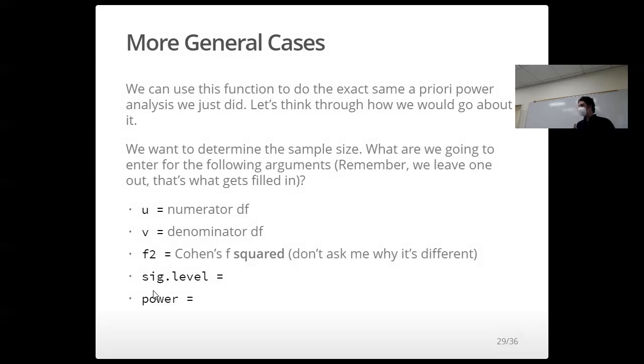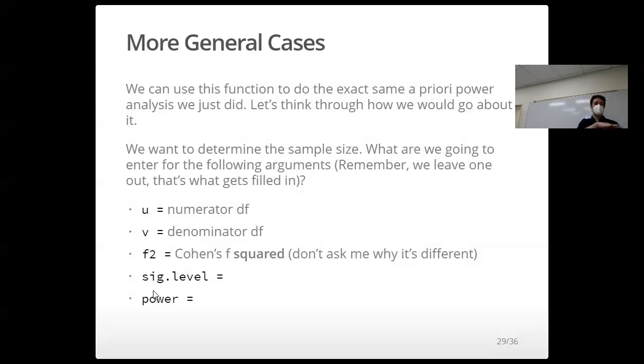So what do we enter into each of these arguments, and which is the one where we leave something out? If we're trying to determine sample size, which of these is going to tell us what our sample size would be? Any guesses?